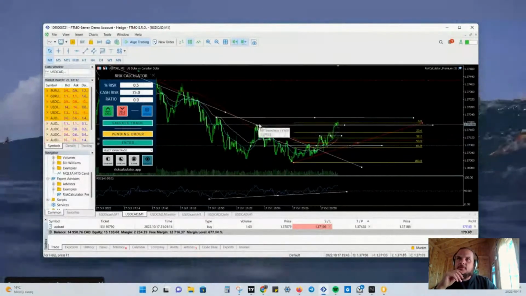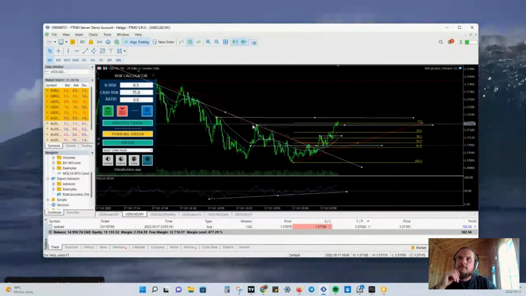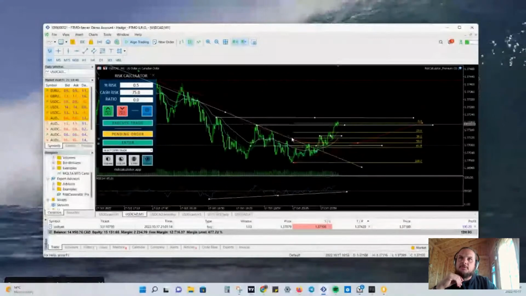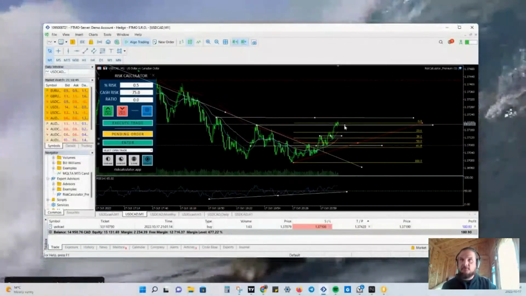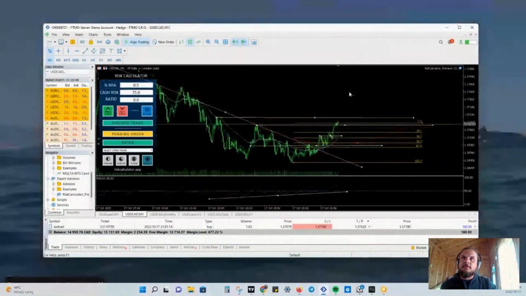So this is that zone. Could be resistance here, where the buyers came up and sellers pushed it down, but we have broken it. So let's see if we stay up there.